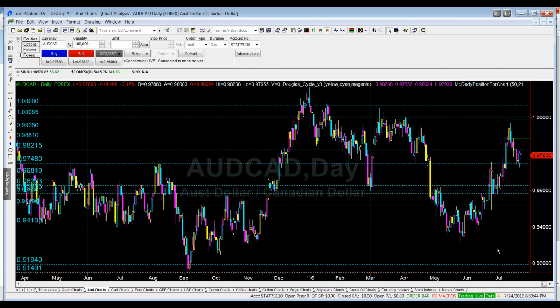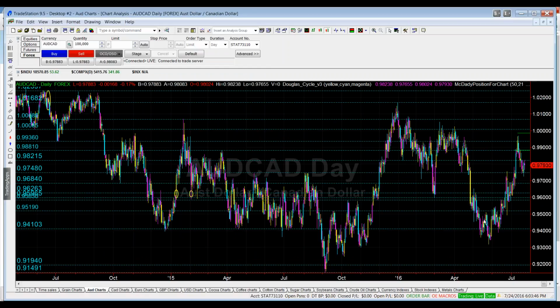As you can see, the Aussie has been moving pretty much in a close to straight line from the end of June. It was around 93, now it is 97. We had a decent correction, and now we're sitting right below 98.21.